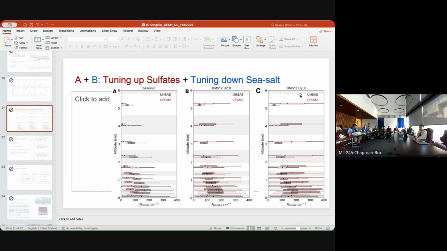In other words, the boost of DMS acts differently over different regions of the Southern Ocean, which also shows there's circulation involved. So this is not a complete take-home message saying we should modify the model in this way, but showing that more physics and chemistry should be involved in the discussion.